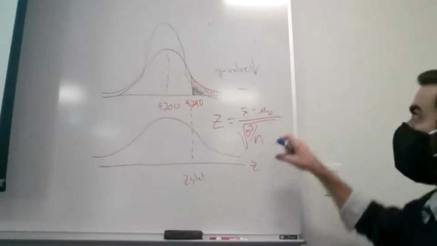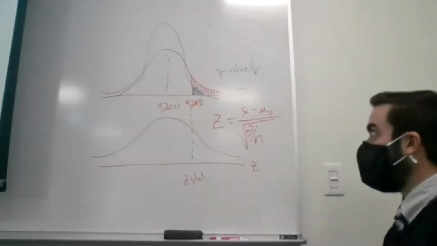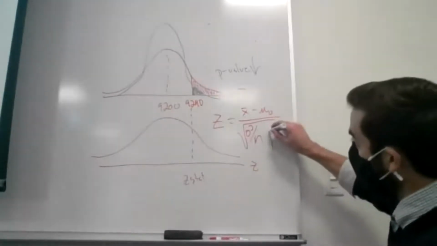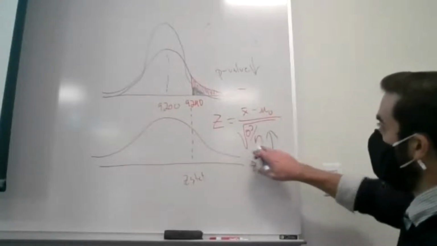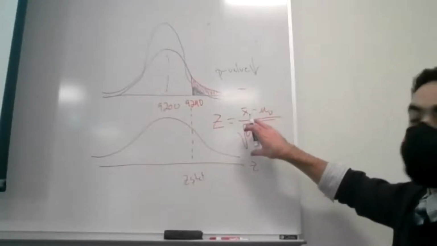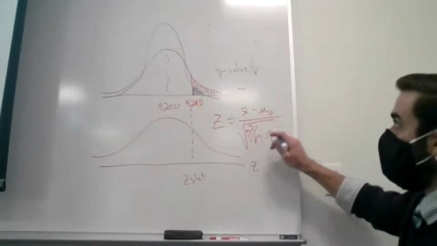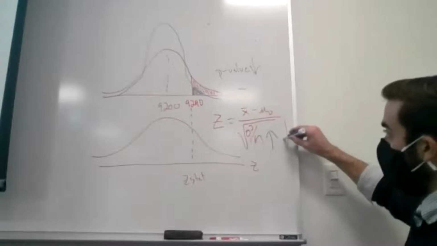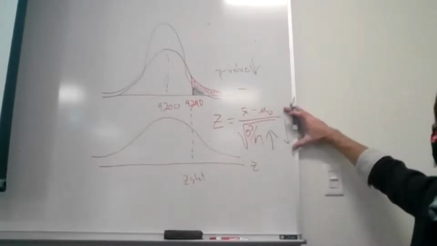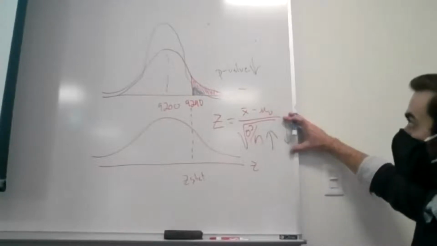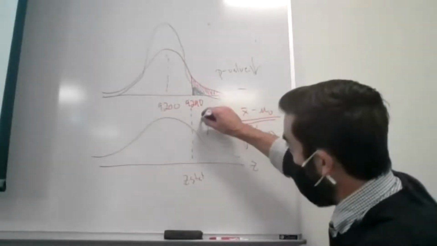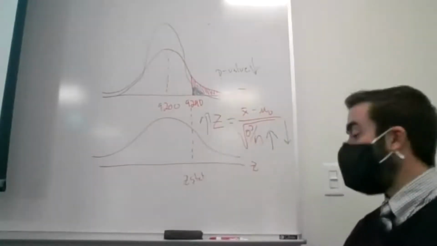Because remember, this denominator represented the standard deviation of my sample means. So if my sample size goes up, what happens to the standard deviation? Well, this denominator actually gets smaller. But if the entire denominator gets smaller, what happens to my test statistic? Well, if the denominator goes down, my test statistic actually gets higher, right?